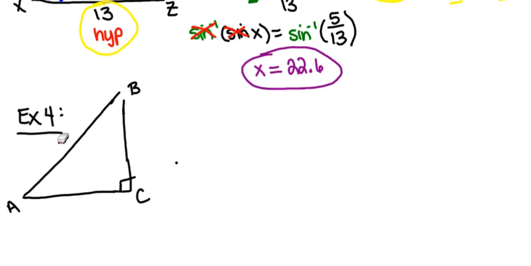And I'm going to make AB 5. I'm going to make AC 3. And I'm going to say for this one, let's find the measure of angle A.